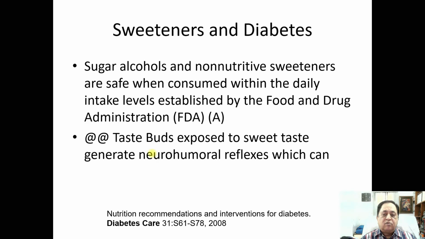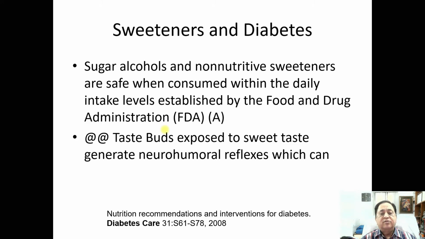Now, sugar alcohols being used as non-nutritive sweeteners must be allowed, but I am not very fond of these things, and they can be actually harmful in terms of inviting neurohormonal reflexes inside your intestines, when the taste buds are exposed to sweet taste in the mouth.